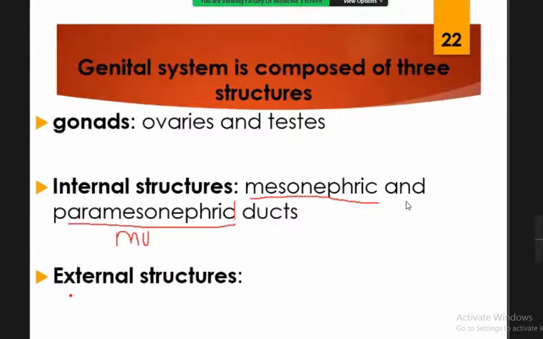And then, of course, the external structures. The external structures are mainly going to come from a condensation of the mesoderm around the end of the forming gut, that is the cloacal membrane.